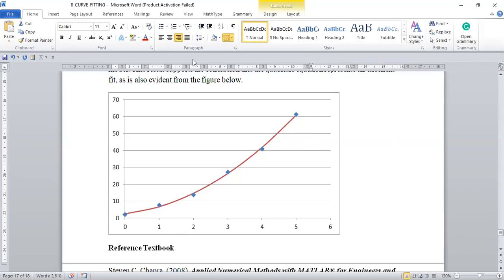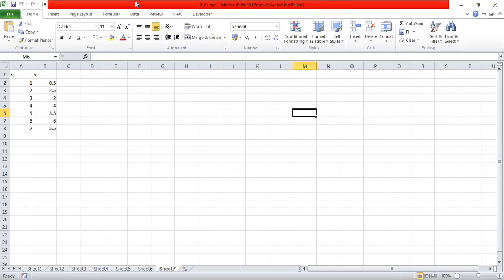So let me go to Excel now. So all the calculations we have been doing, we did by hand. So we need a computer program in order for us to be able to do all the calculations we've made.